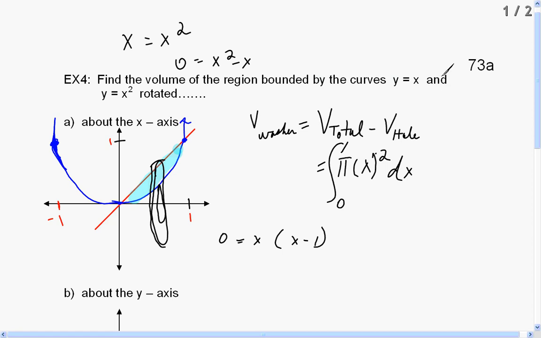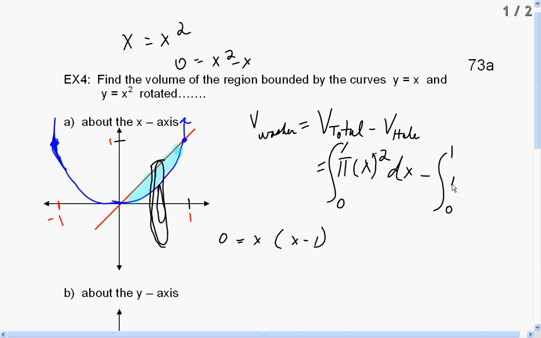So that's the total, then minus the hole. We're still on that same integral from 0 to 1. What's the volume of the hole? Well, its radius is going to go from the x-axis up to this bottom curve, which is the y equals x squared curve.